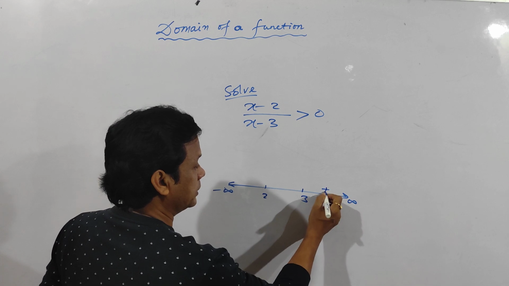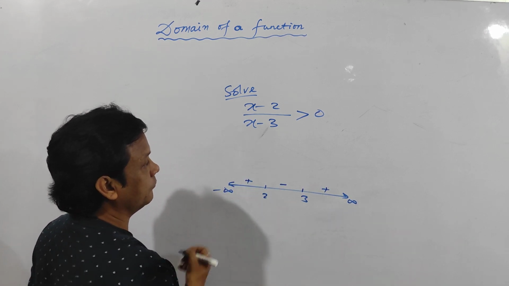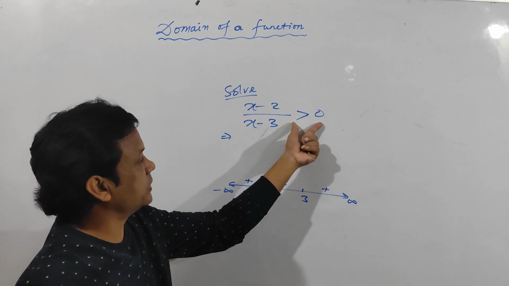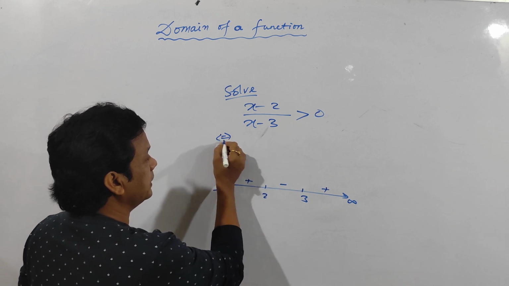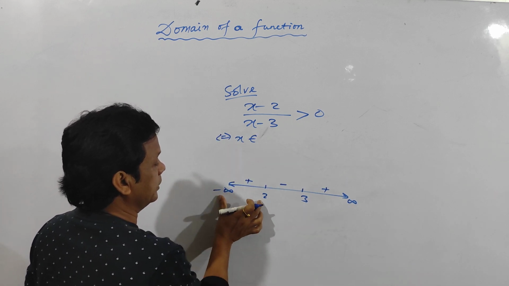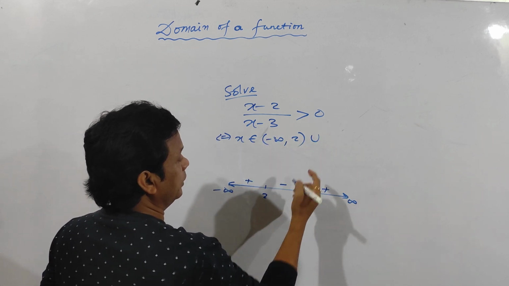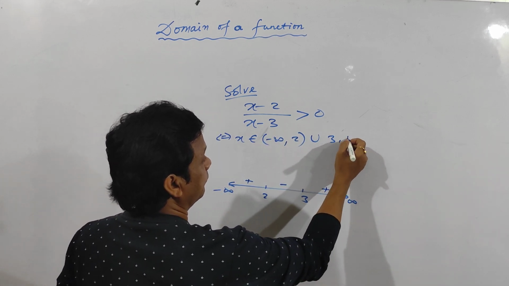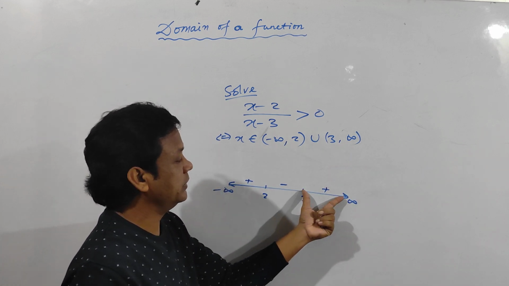Take it as positive here, negative here, positive here. Take the alternate sign. Your requirement is positive, so either this interval or this interval. That means x belongs to minus infinity to 2 open interval, union 3 to infinity. Either x will lie in this interval or in this interval.